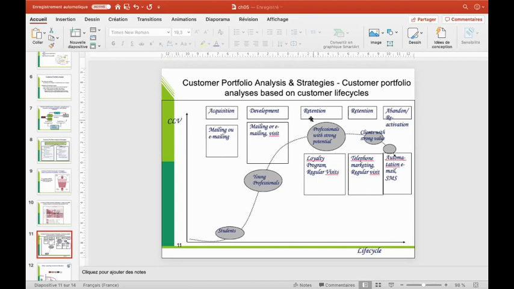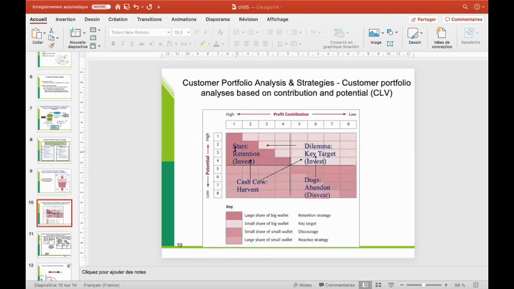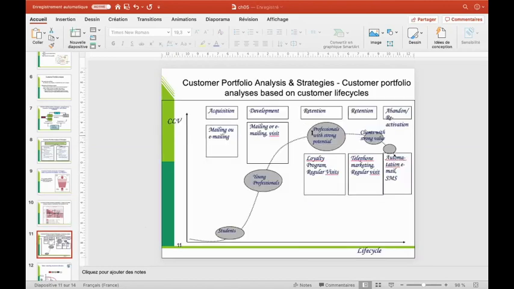So the strategy is really switching from development to retention, for example through loyalty programs, but also regular visits and regular meetings with the bank in order to make you loyal. Once you're a star, you are the treasure of the bank, so you should be absolutely retained as a customer. So that will be a privileged relationship, privileged resource allocation to those customers having a high CLV.